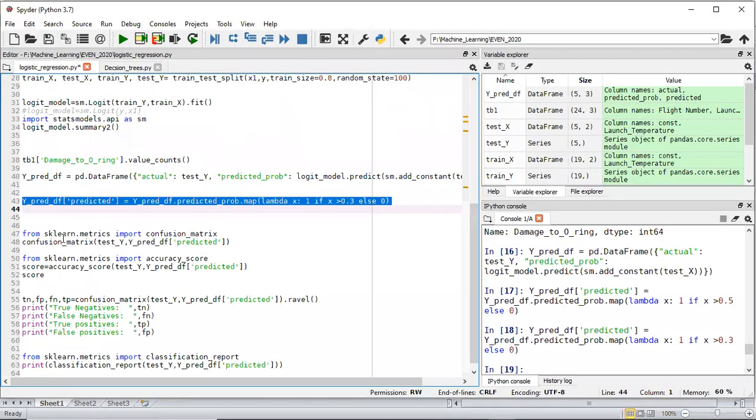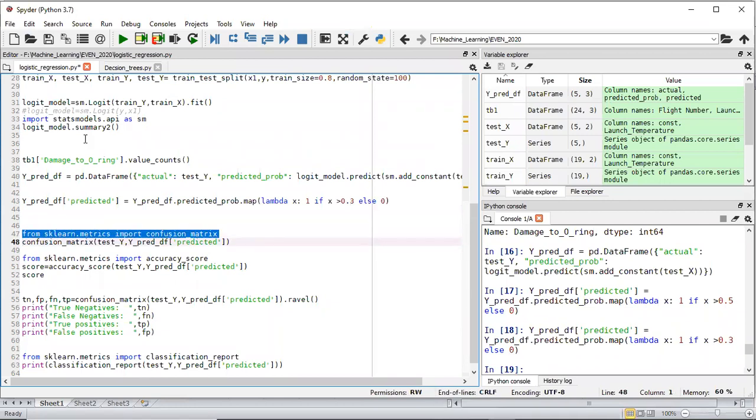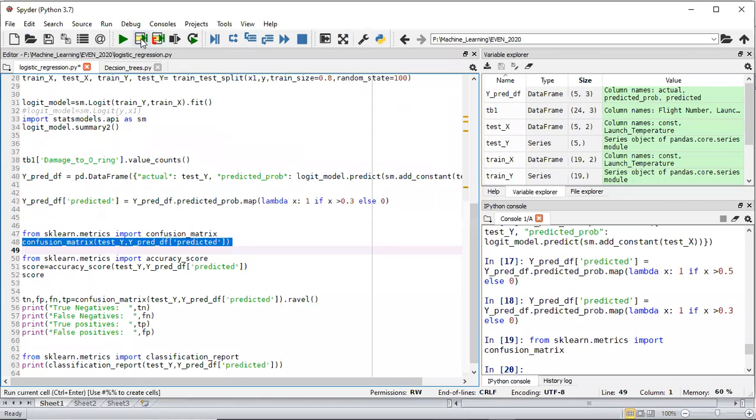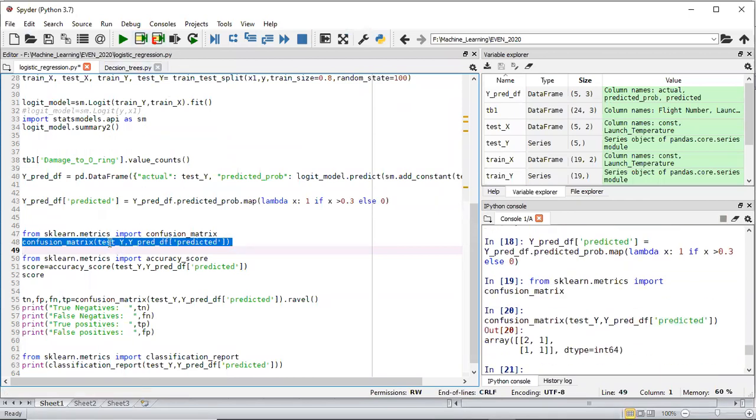This particular command is just trying to find the confusion matrix for me. I'm providing test_y as my actual output and predicted as my predicted output. I got the matrix like this: 2, 1, 1, 1.